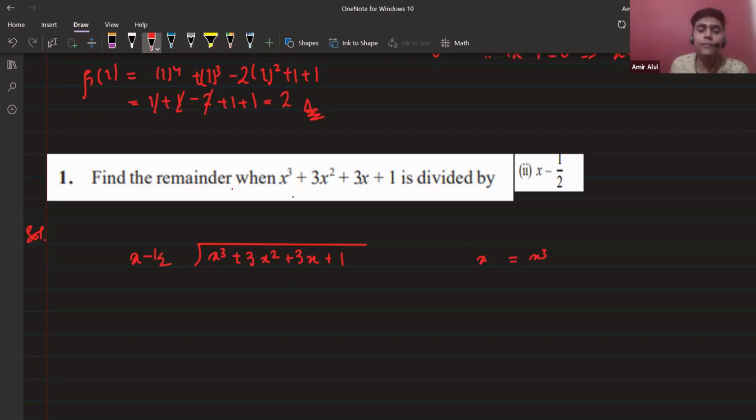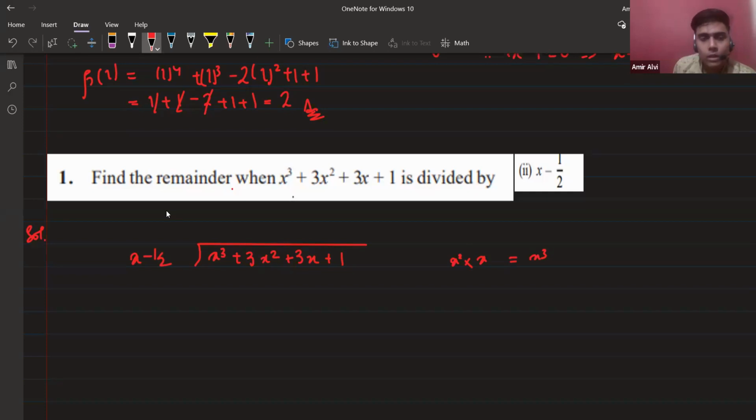What should I multiply with x so that I get x cube? Yes, Abdul and Simran? 2? Why 2? Simran? x square. Very good.